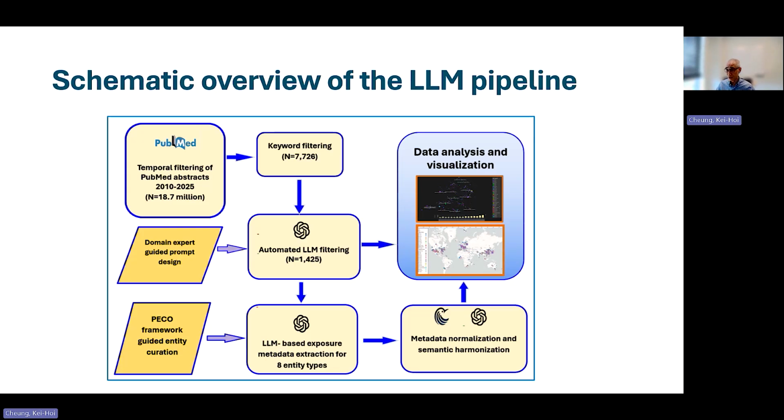We work with a domain expert to develop the green prompts and guide the LLM model to extract exposure-related metadata from these 1,400 articles, the abstracts and titles. We apply the PECO framework and the PECO checklist that I showed you previously in this extraction process.